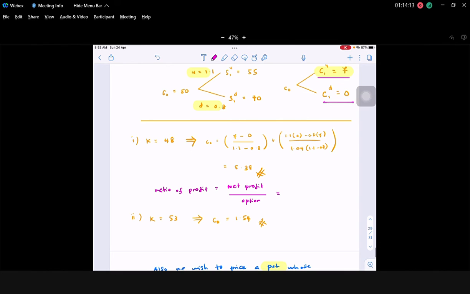Okay, so net profit just 7 minus dengan, okay, so call option. Okay, so divided by 5.38. So berapa kita dapat kat sini? RM0.30. 0.30.